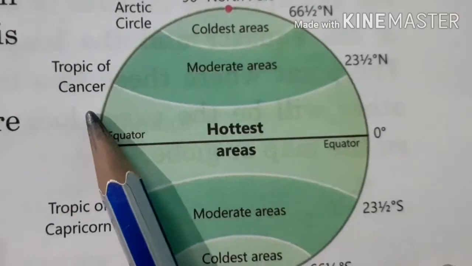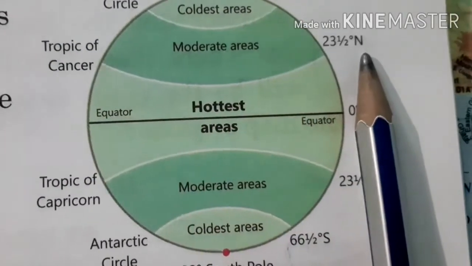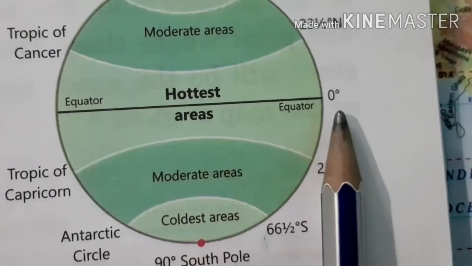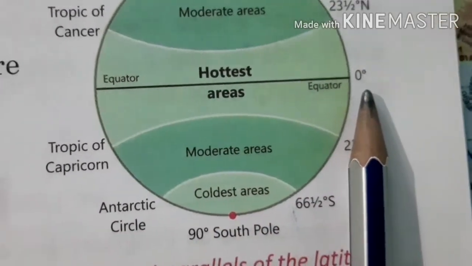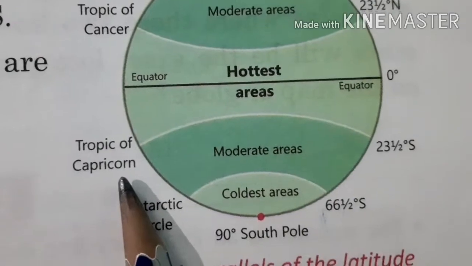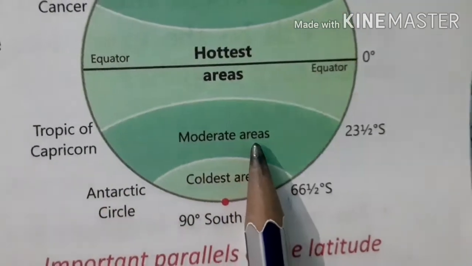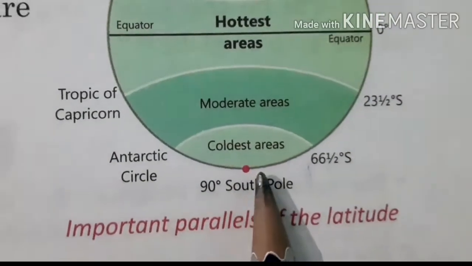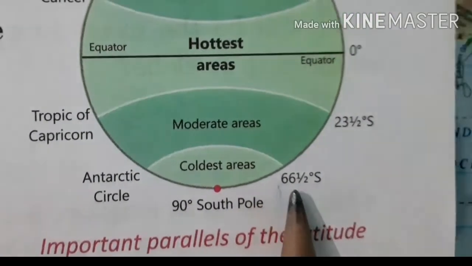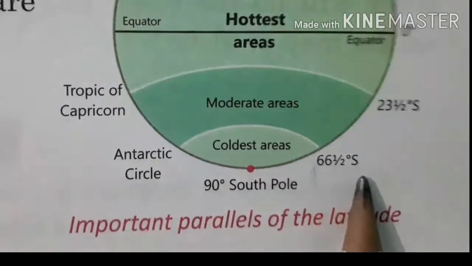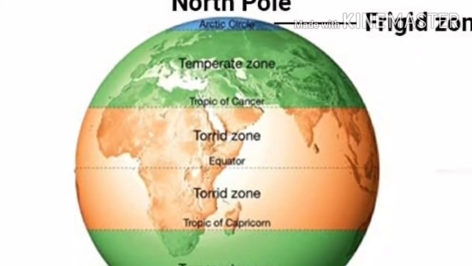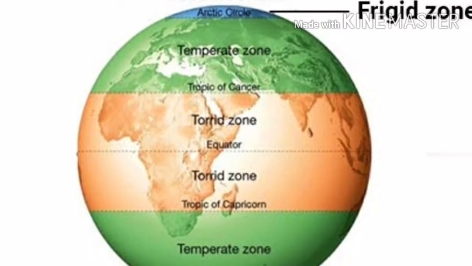Then the Tropic of Cancer, that one is moderate. The Equator is the hottest one because it is at 0 degrees. Then the Tropic of Capricorn has a moderate temperature. Then the Antarctic Circle, the coldest area, at 66.5 degrees south.